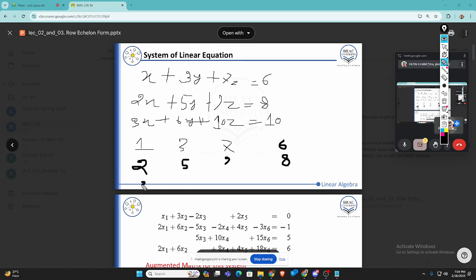And then similarly 3, 6, 10, and 10. Yeah, that pretty much works like this. Now this is just an example of an augmented matrix.